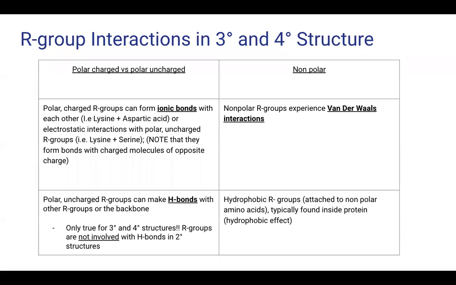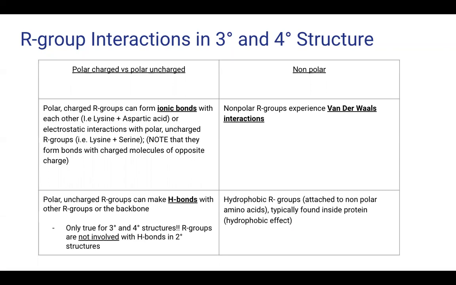All right, and then this is a summary of what R group interactions are involved with tertiary and quaternary structure. Again, like I mentioned before, it could be ionic bonds, and an example here is lysine, which is a positively charged amino acid, and aspartic acid, which is negatively charged. When we have two fully charged atoms, their opposites interact and they form an ionic bond.